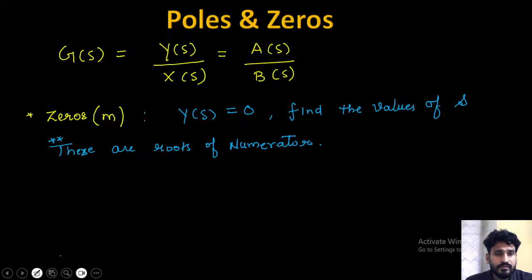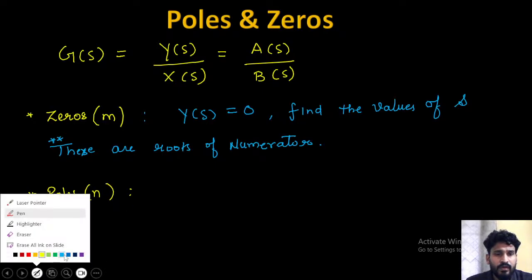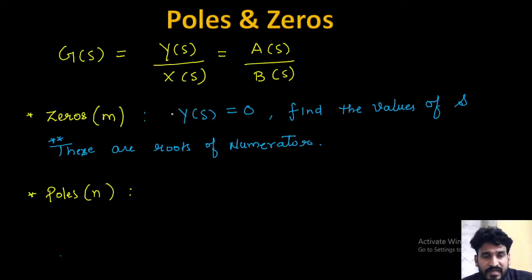Likewise, poles. What are the poles? Poles are the values of s at which my transfer function is infinity. When will it be infinity? When X(s) is equal to 0. Right? So put X(s) equal to 0 and find the values of s.